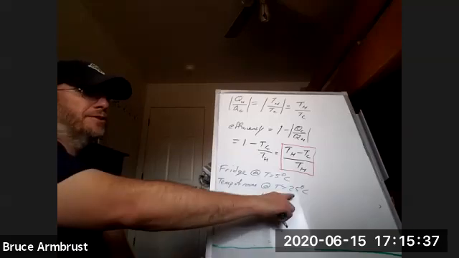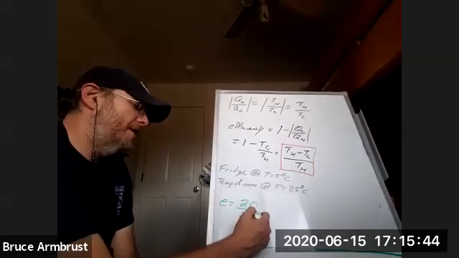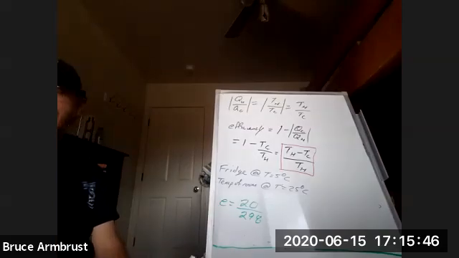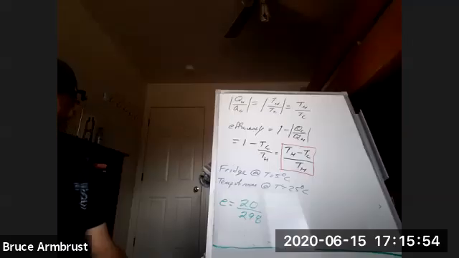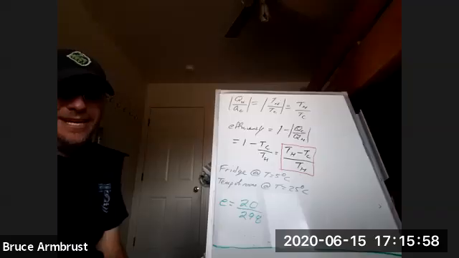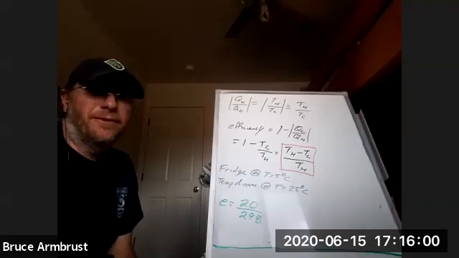But remember, it's not 25. It is in Kelvin. So this is going to be 298. Not that efficient at all, really. You take 20 and you divide it by 298. That's roughly 1/15, right?